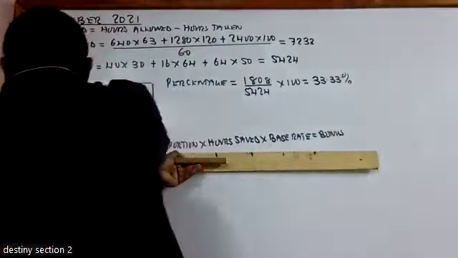You have the grade, the hours taken, and the bonus. So the proportion here will be these 1,200. You divide it by the total hours that were worked, 5424. That is the proportion. You multiply by the hours that were saved, 1808.